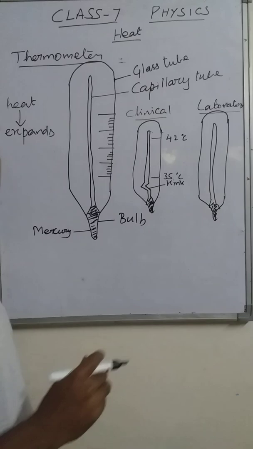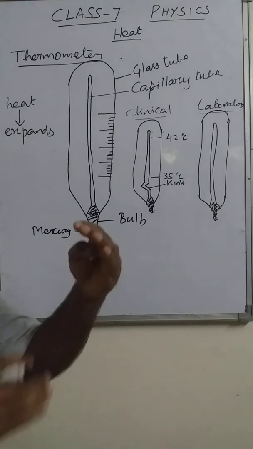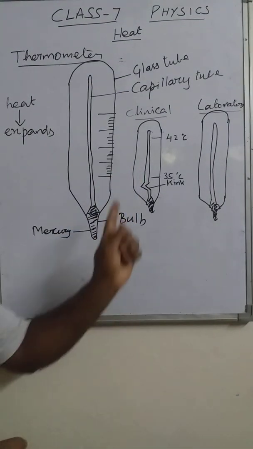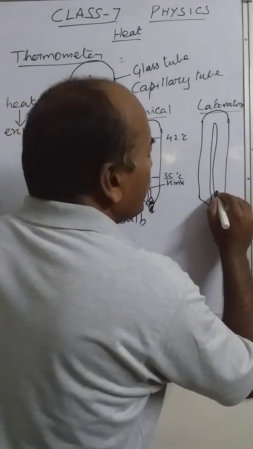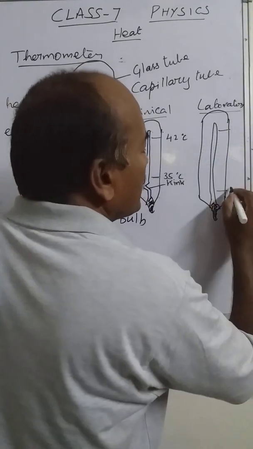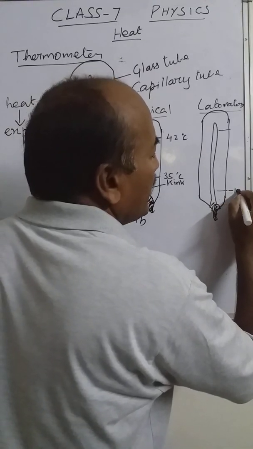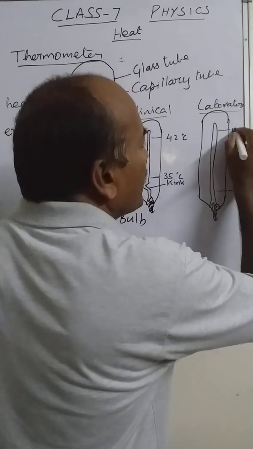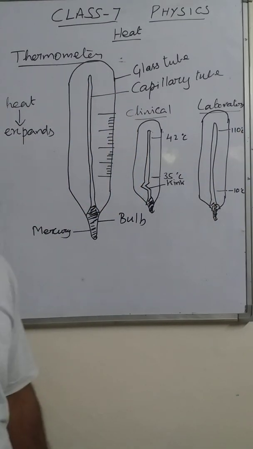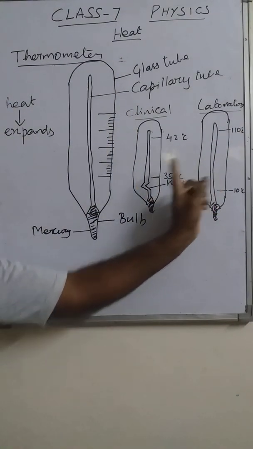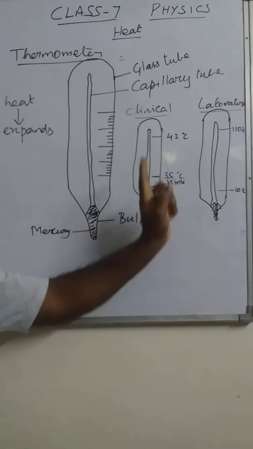That means the temperature range of the clinical thermometer is 35 to 42 degrees Celsius, and the temperature range of the laboratory thermometer is minus 10 degrees Celsius to 110 degrees Celsius. So these are the differences between the clinical thermometer and the laboratory thermometer.